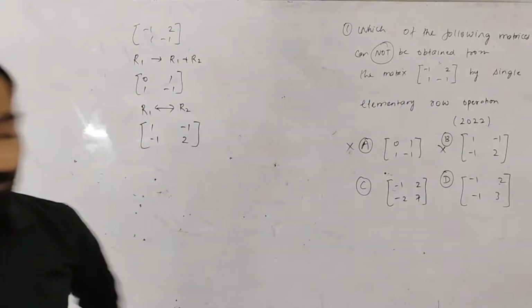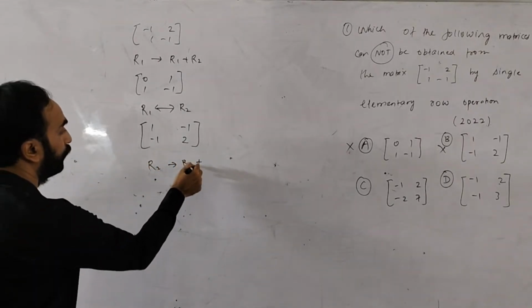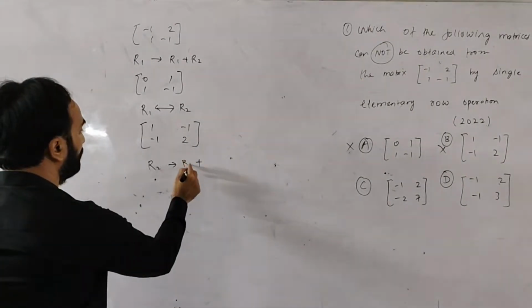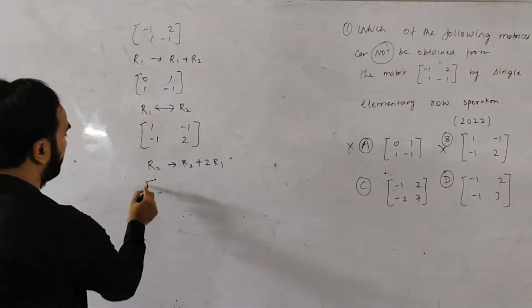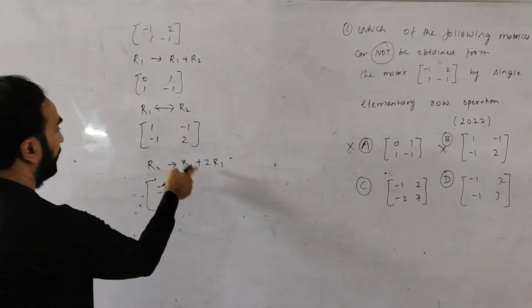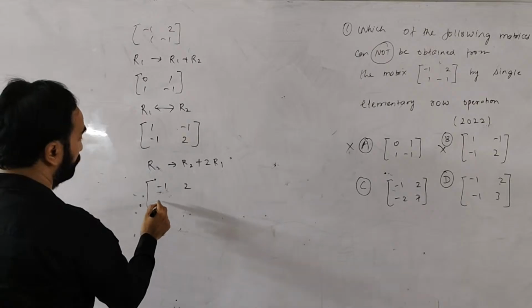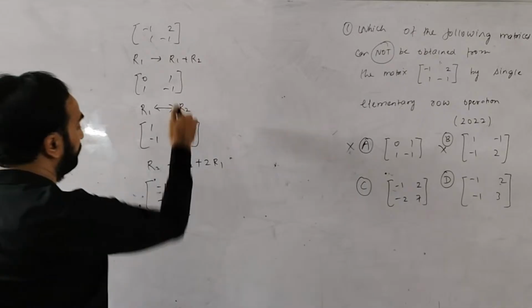Now see, if we perform a third operation as row 2 becomes row 2 plus twice of R1. In that case, you will see what will happen with this. Row 1 we are not changing anything, so -1 and 2, and row 2 plus 2 times R1: 1 plus -2, that is becoming -1, and -1 plus 4, that is 3.